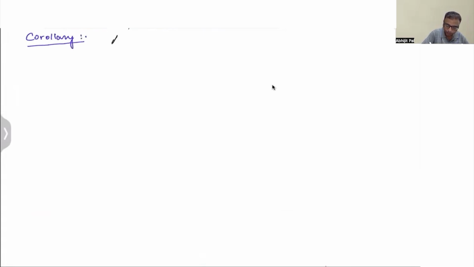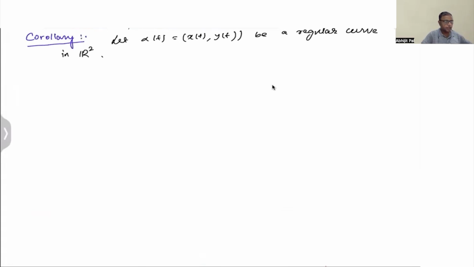Let alpha of t equal to (x(t), y(t)) be a regular curve in R2. Okay, so let this be a regular curve in R2.